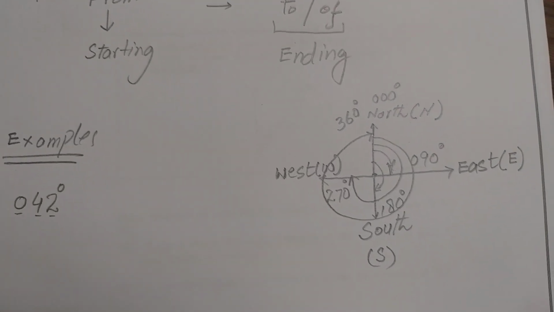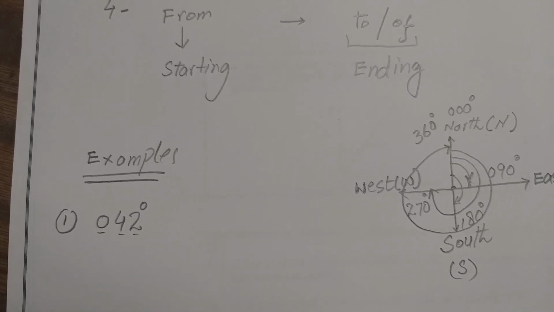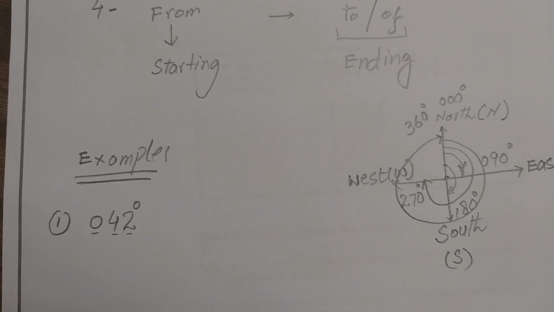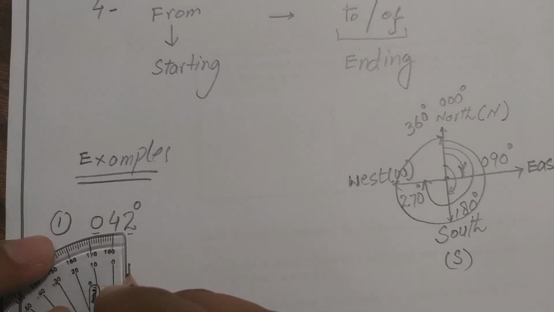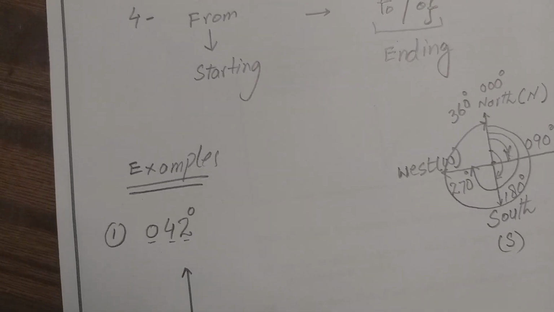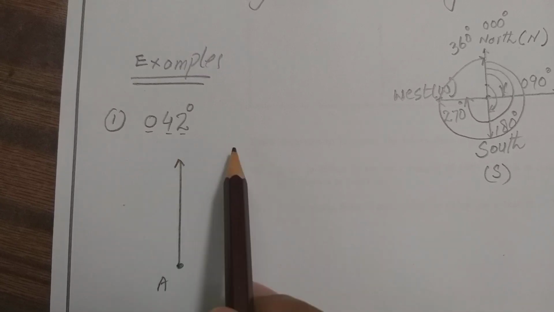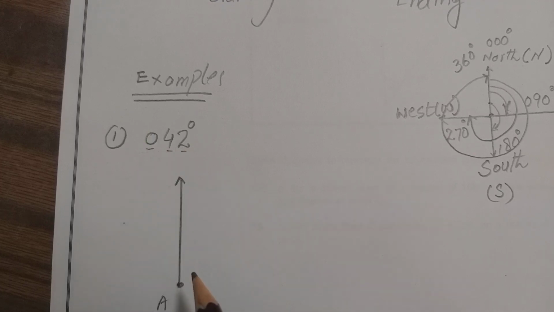We can use a protractor, or you can make a rough sketch. If you go for the protractor, you can find accurate answers. Let's suppose I draw the north line, and I consider this point A, starting from A to B at an angle of 42 degrees.